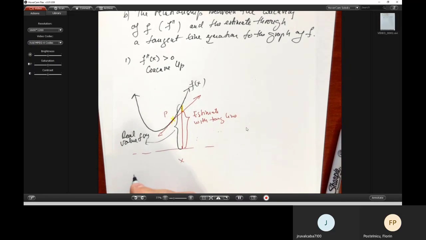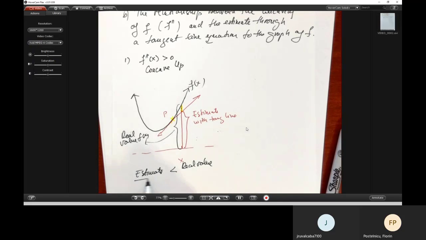It means that if the second derivative is positive, so the function is concave up, actually through a tangent line, I have an underestimate of the value of f of x. And the reason is because however you draw a tangent to that graph, you've seen on the left side of the picture now, always that line is going to be underneath the graph.